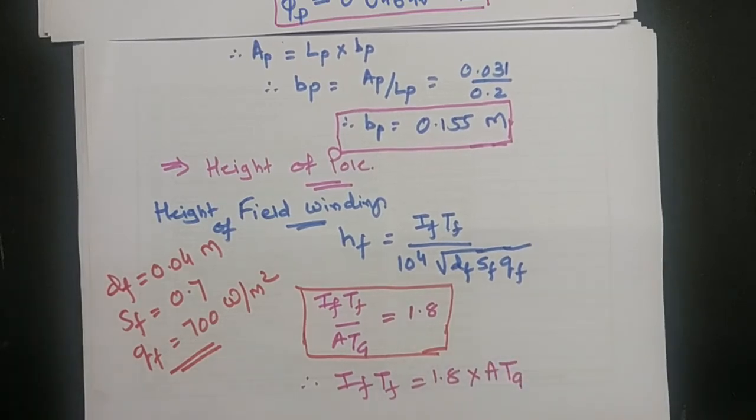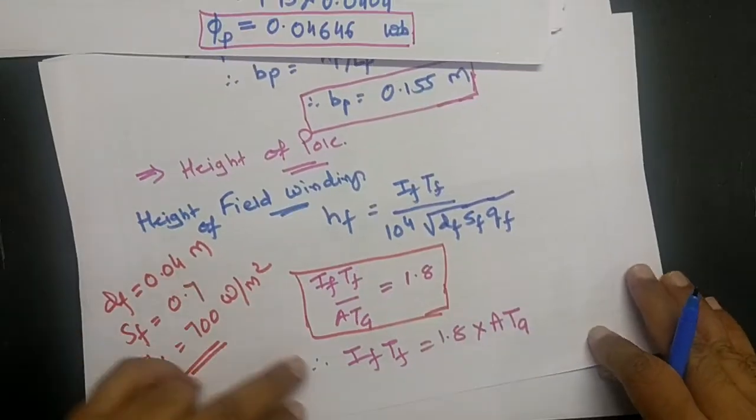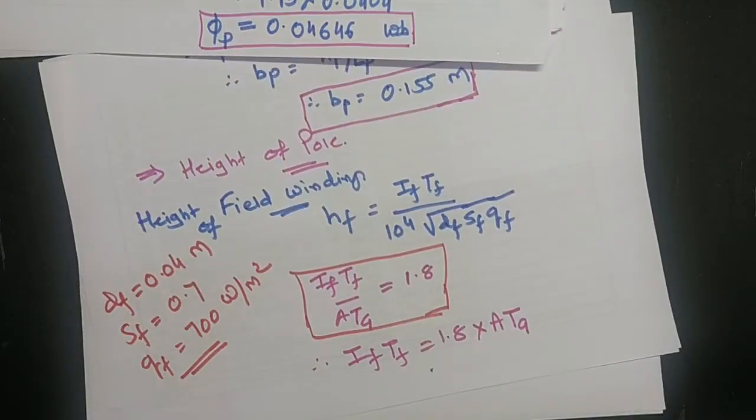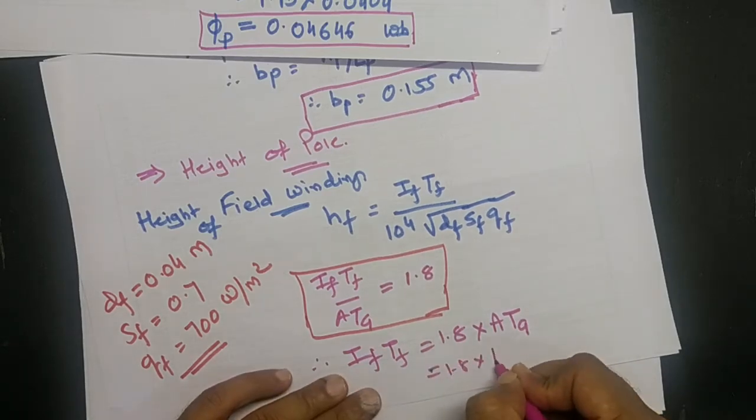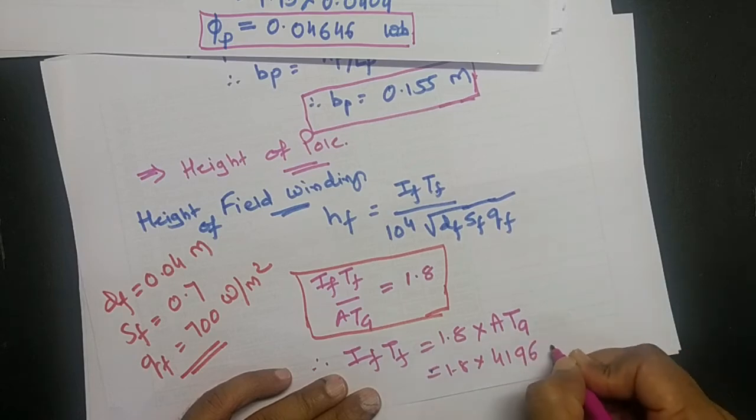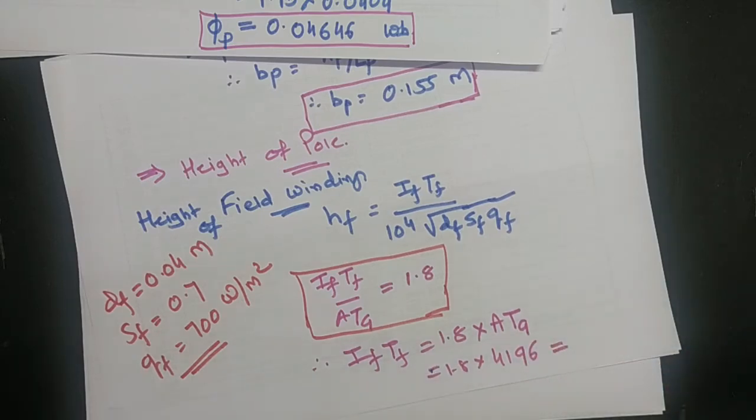Ampere turns for the armature we have initially calculated. So IFTF is 1.8 multiplied by 4196, that comes to 7552 or 7553.